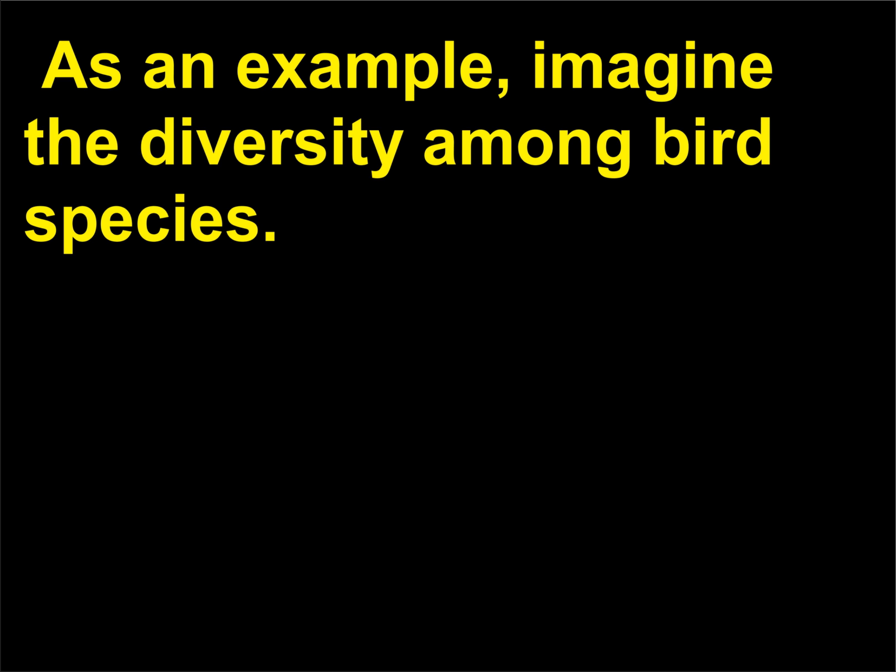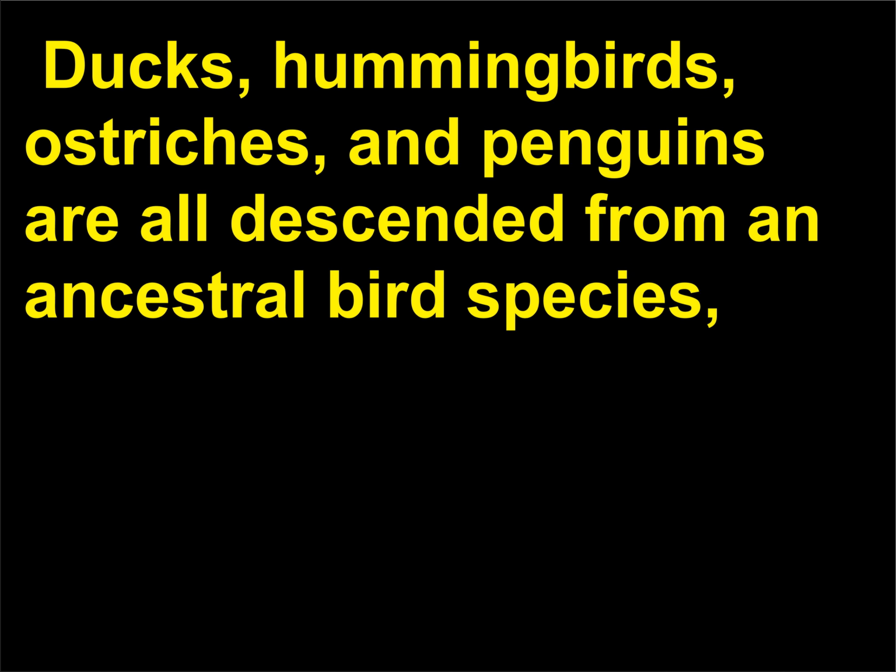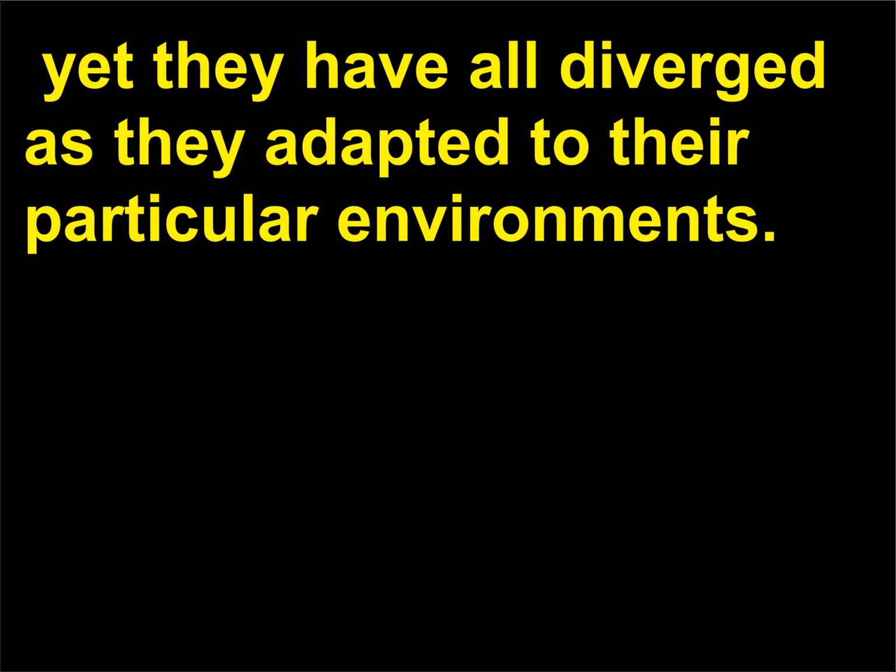As an example, imagine the diversity among bird species. Ducks, hummingbirds, ostriches, and penguins are all descended from an ancestral bird species. Yet they have all diverged as they adapted to their particular environments.